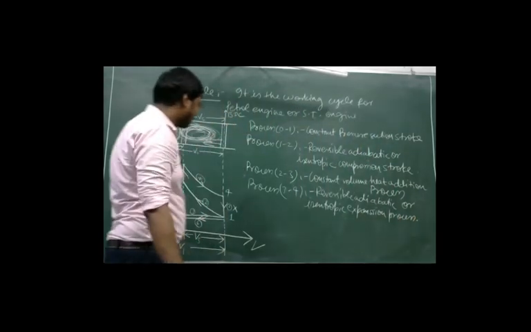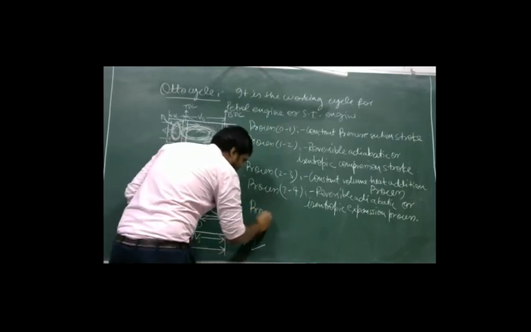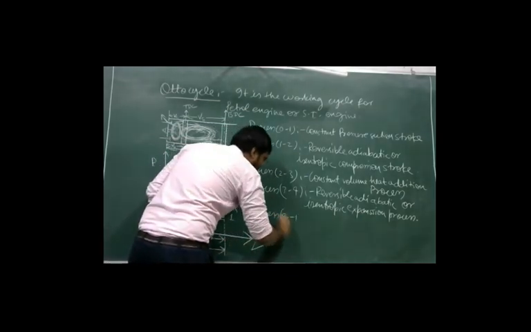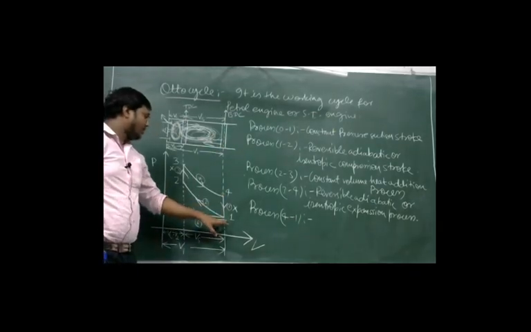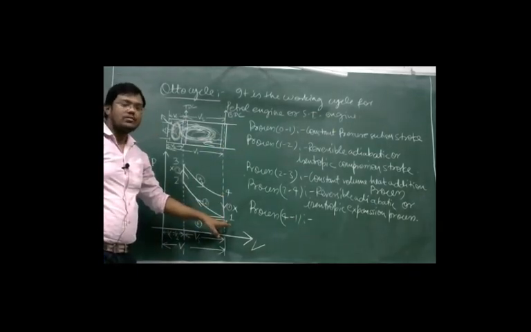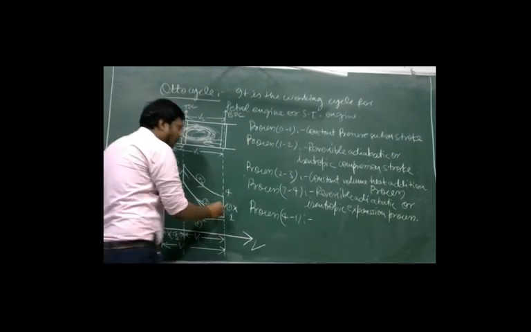Okay, from process 4 to 1, again process 4 to 1 is heat rejection process. Cooling of exhaust gases takes place, but this process takes place at constant volume, so it is a constant volume heat rejection process.